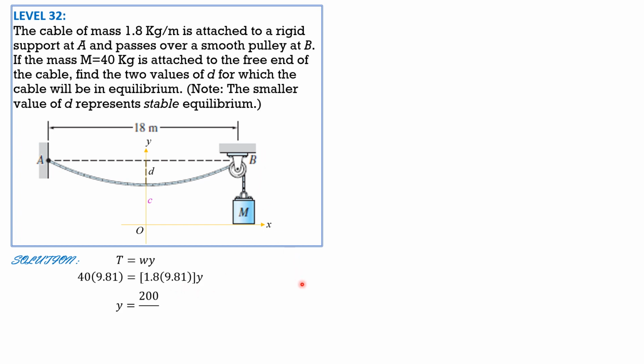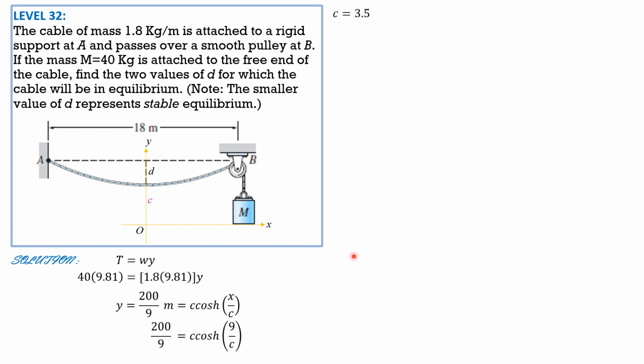So Y is 200 over 9 meters, and this is equated to C cosine hyperbolic of X over C, so that we can solve for C. And X is half of 18, so it is 9. So 200 over 9 equals C cosine hyperbolic of 9 over C.